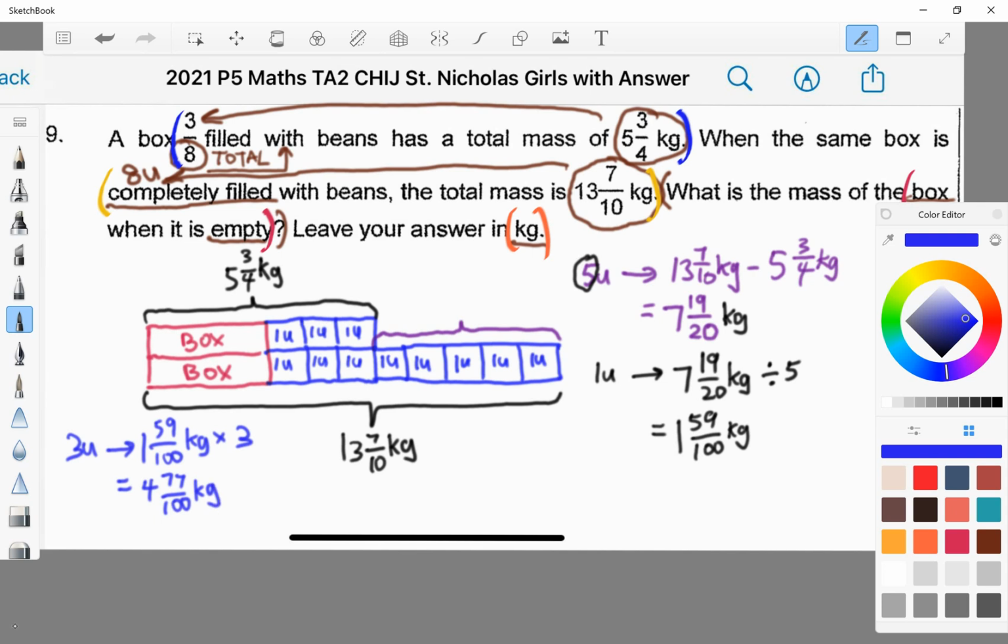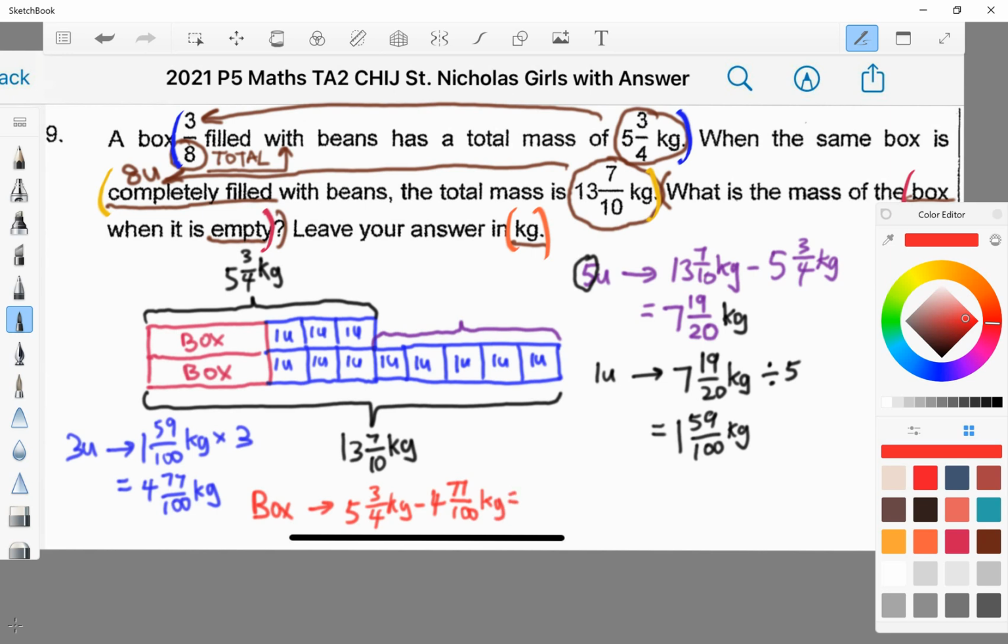So are we able to get the mass of the box now? The answer is yes. So the mass of the box will simply be 5 3/4 kilograms, I will subtract away 4 whole 77 out of 100 kilograms. And what will our answer be?